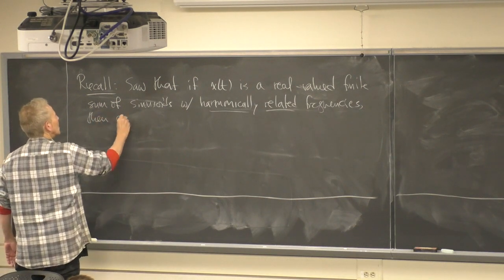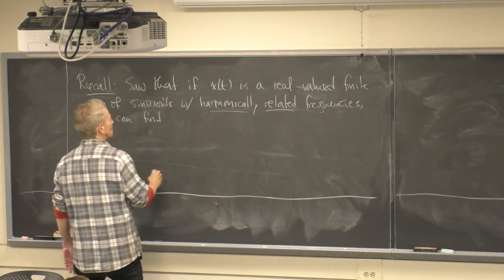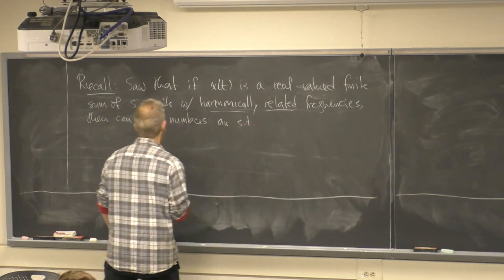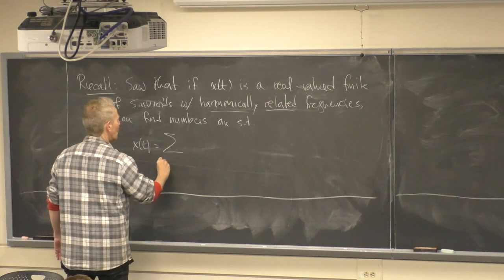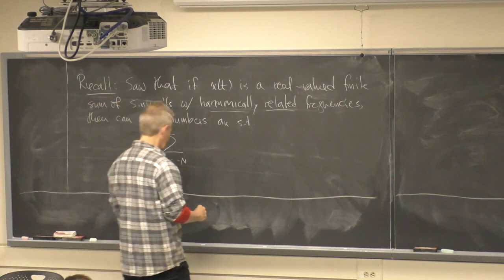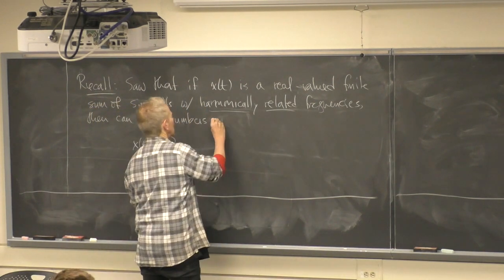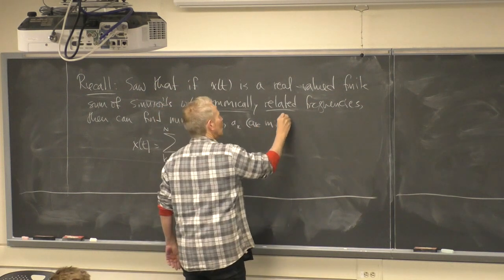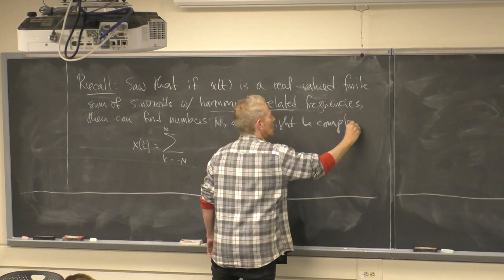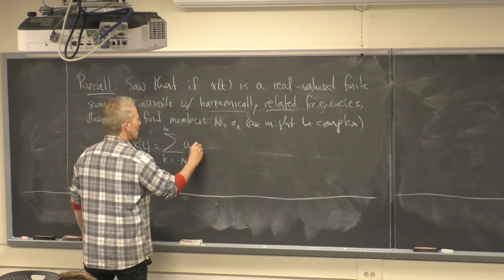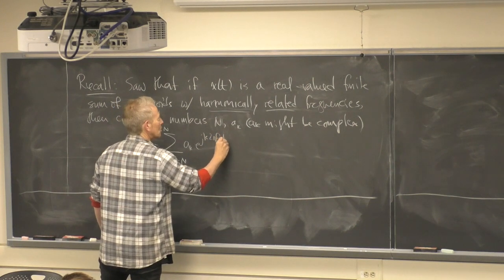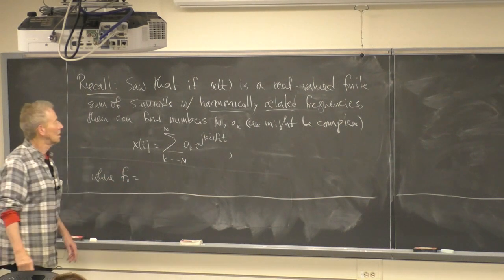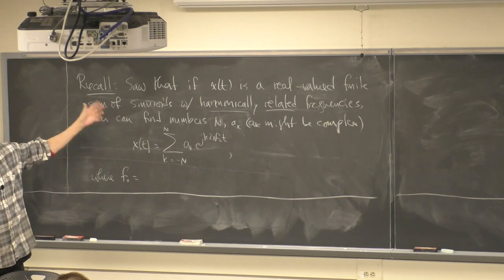Then we can find numbers n and a sub k, and these might be complex, such that x of t is equal to the sum from k equals minus n to n of ak e to the j k 2 pi f0 t, where f0 is equal to the greatest common integer divisor of all the terms' frequencies in x of t.